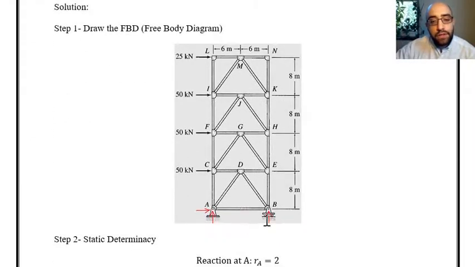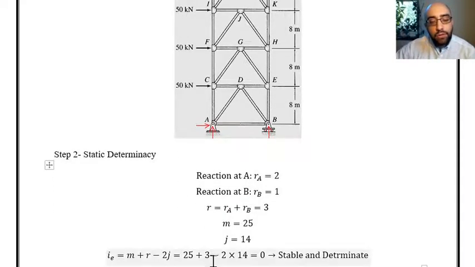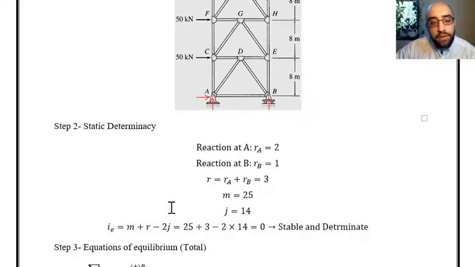So these are the reactions, and I also have this equation to show you how to put the values in and see the situation around the truss. M is the number of members, R is the number of reactions, and J is the number of joints. Calculating them, very similar to what we did in the last 4 examples, putting them in the equation, we can see the final value is 0, which means that the truss is stable and determinate.